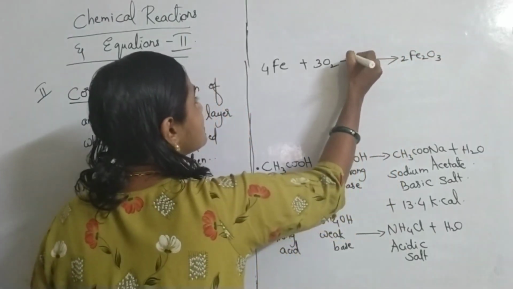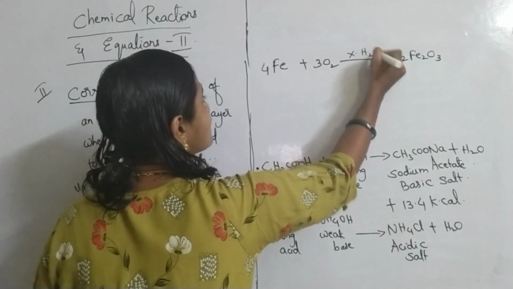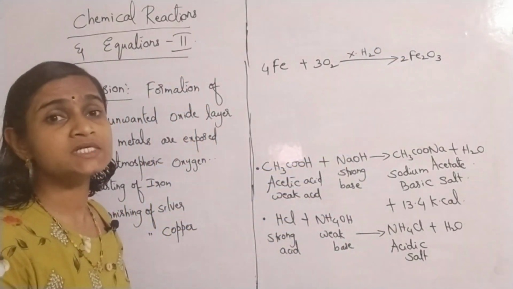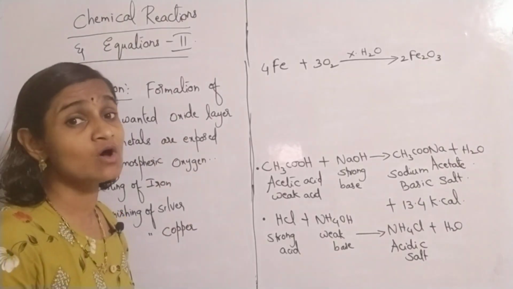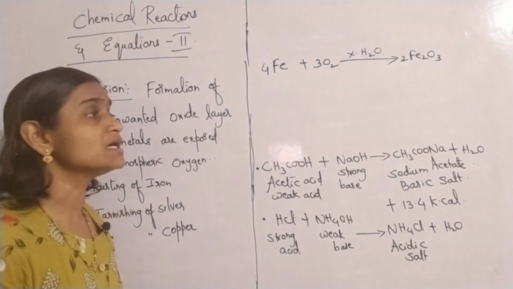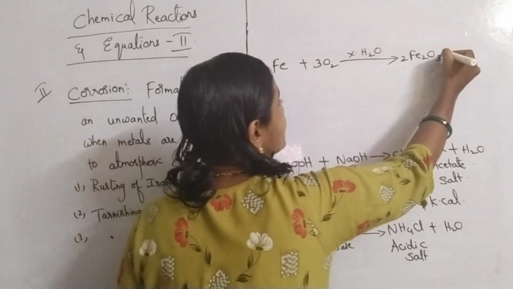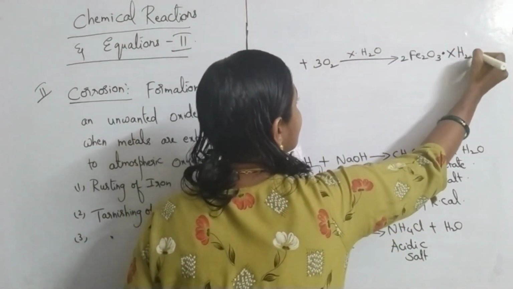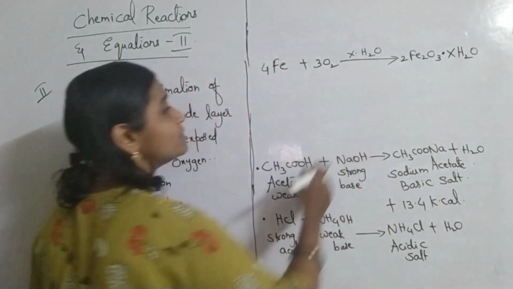Here some x water molecules are being absorbed from the atmosphere by iron articles. Depending on the amount of water molecules that are absorbed, the number of water molecules will be decided.